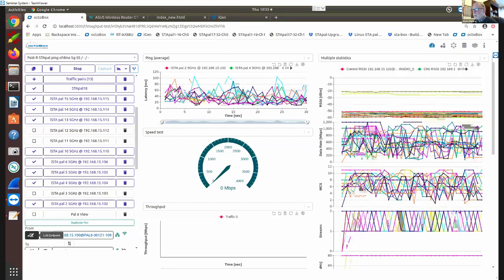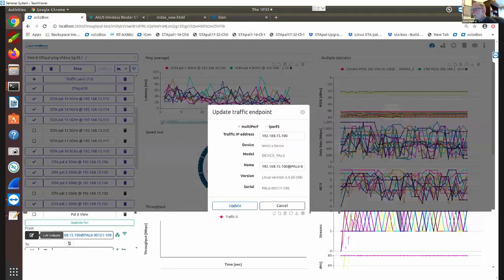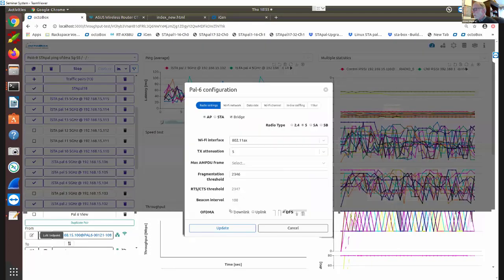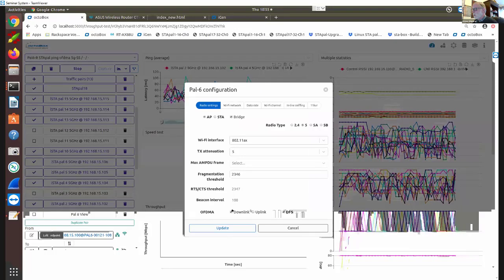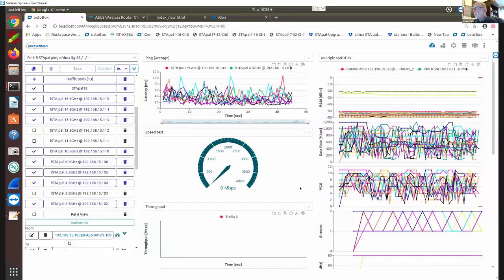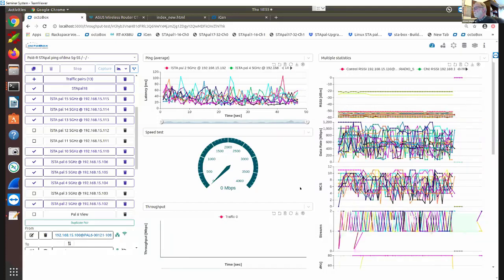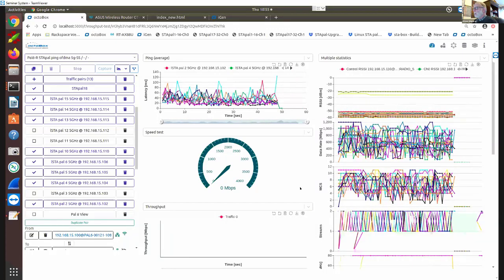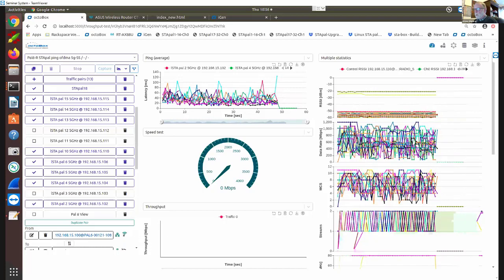I'm going to go into the PAL 6 now, and I'm going to switch OFDMA on, and we'll take a look to see what happens here. So there'll be a pause. It is sending down the configuration to the access point. It's offline here at the moment.